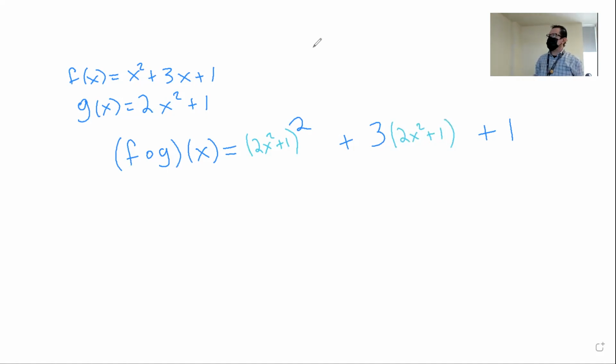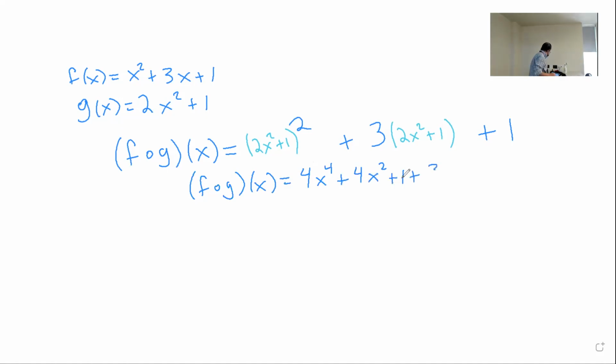And the rest is just practicing some math here. This is going to be 4x to the 4 plus 4x squared plus 1, plus 6x squared plus 3 plus 1.